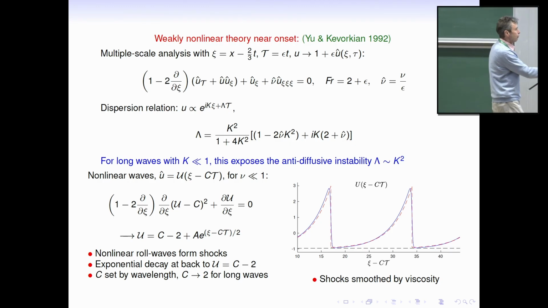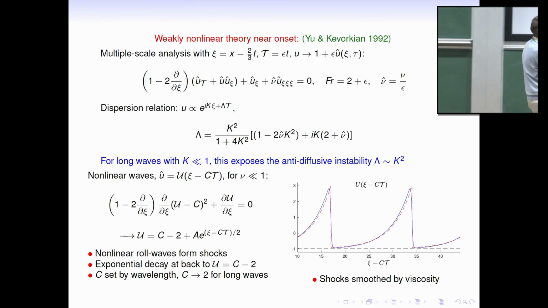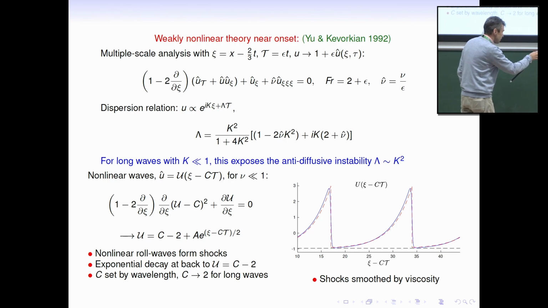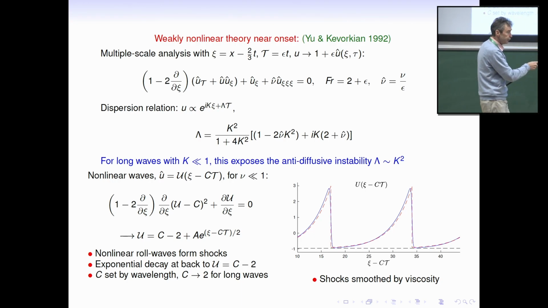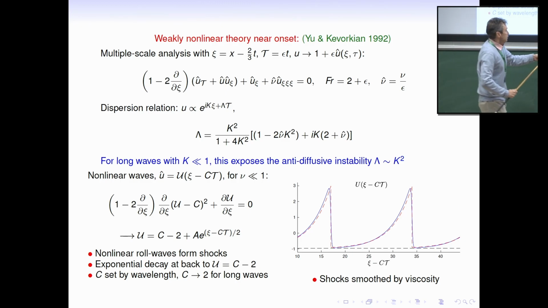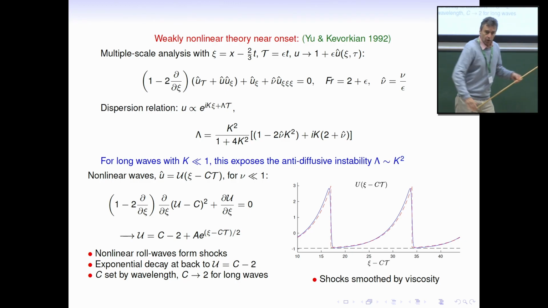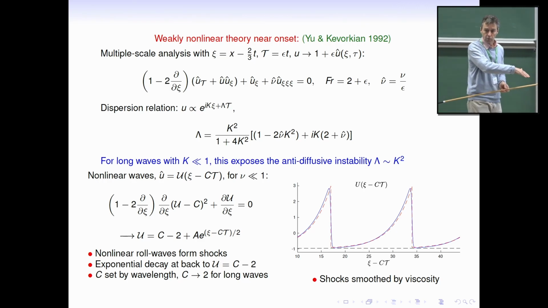So the important thing, in terms of that idea of coarsening, is that at the back of the roll wave, you get this exponential decay to some uniform state. And as the wavelength gets bigger and bigger, this level converges back to the original mean flow.